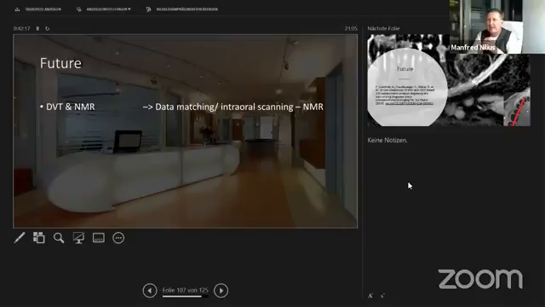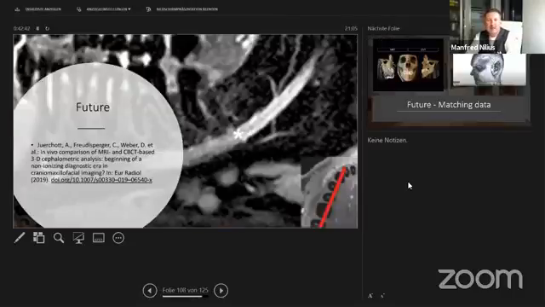At the moment, it's very expensive to have this possibility. And I definitely know only university hospitals who have a dental NMR, or nuclear magnetic resonance, in the offices or in the university hospitals. Maybe in future times we will get this also, like we get the DVT in our daily clinic.